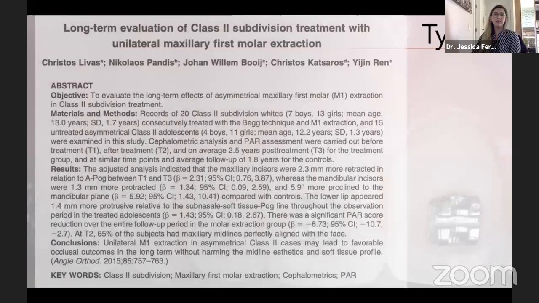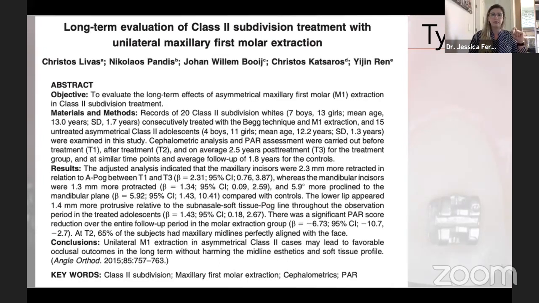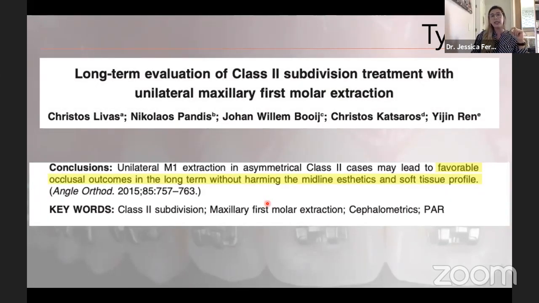In this article, they evaluated the long-term results of class 2 subdivision treatment with unilateral maxillary first molar extractions. They concluded that the unilateral maxillary first molar extraction leads to favorable occlusal outcomes in the long term without harming the midline aesthetics and soft tissue profile.